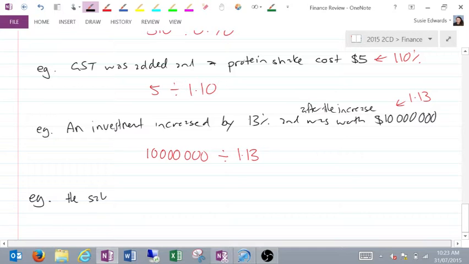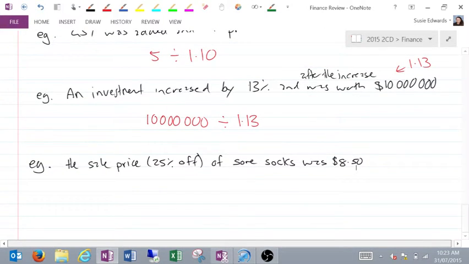The sale price, 25% off of some socks was $8.50. What was the original price? So remembering, what is the percentage we've got now?